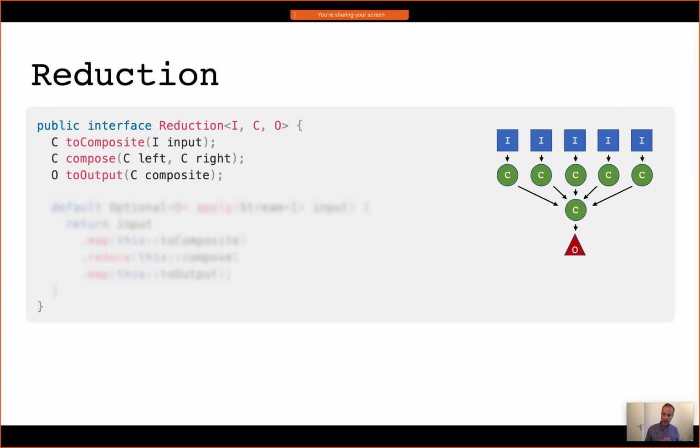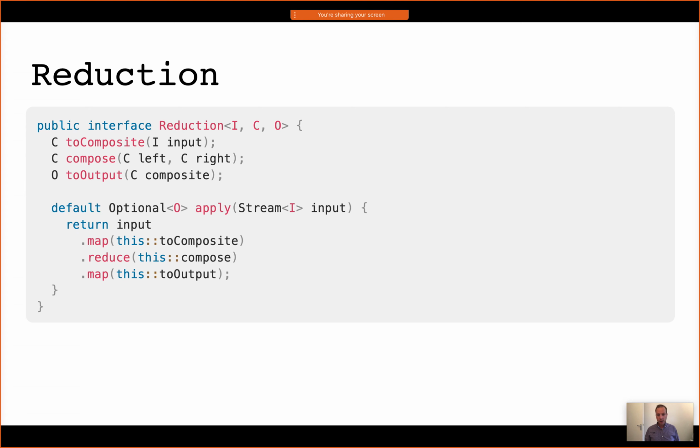We transform an input element to a composite, and then we need to reduce all those C's together into 1. But we know that if we have the reduce method, we only need to be able to do 2 elements into 1. And then we get the many elements into 1 for free. And then as a post-processing step, we apply the toOutput function.